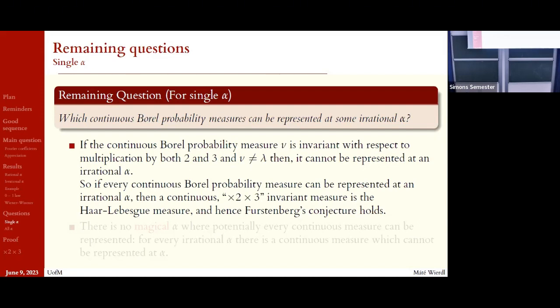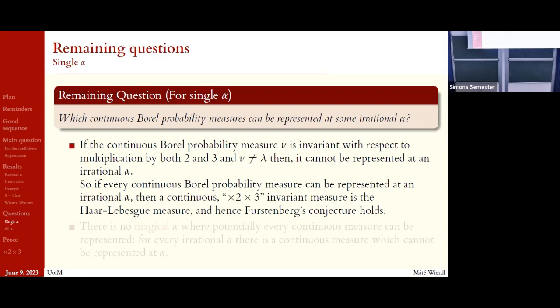Now, I also want to say that once you are given a continuous measure, it's not like potentially there is a magical alpha which will represent any continuous measure. So maybe that could be your idea. Actually, for a long time, that was my idea. You know, we take, for example, the golden mean.